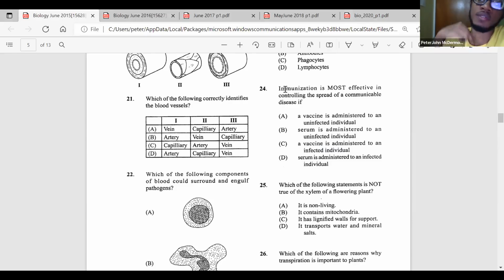Immunization is most effective in controlling the spread of a communicable disease. Let's think of a communicable disease and a vaccine. Let's think of COVID-19, SARS-CoV-2, and the AstraZeneca vaccine, right? Do we give COVID vaccines to people that have COVID?